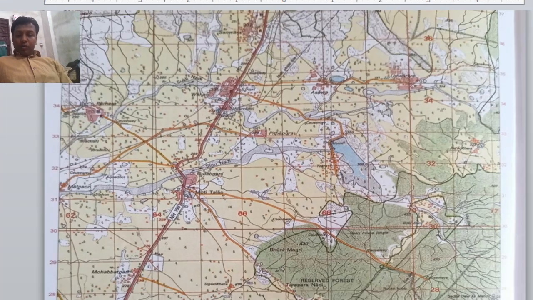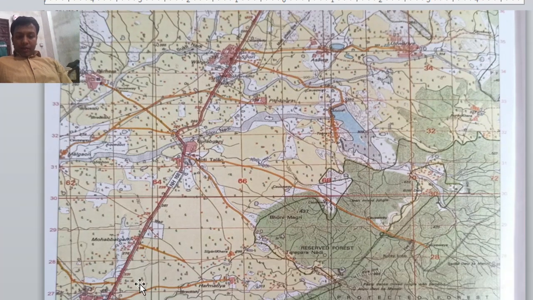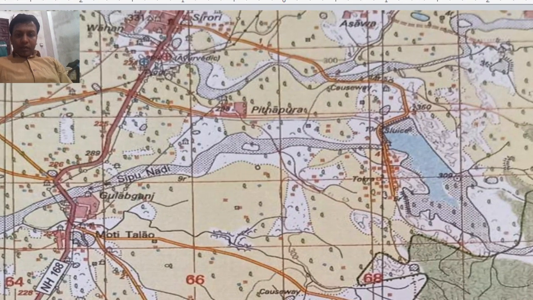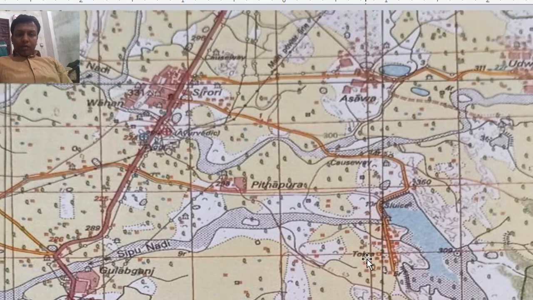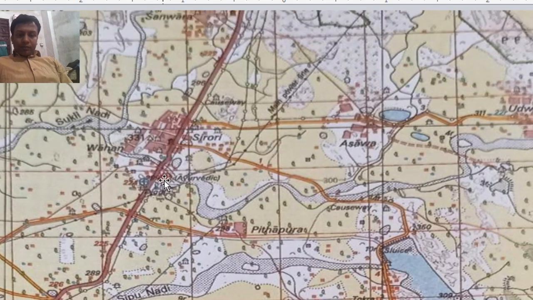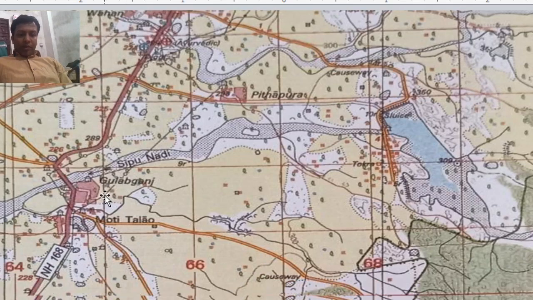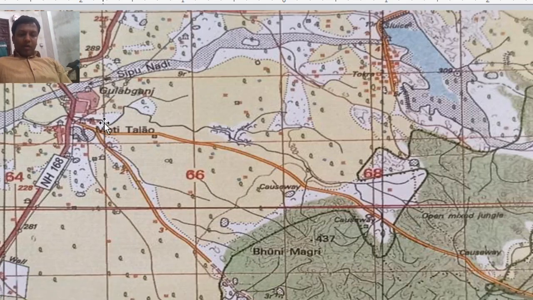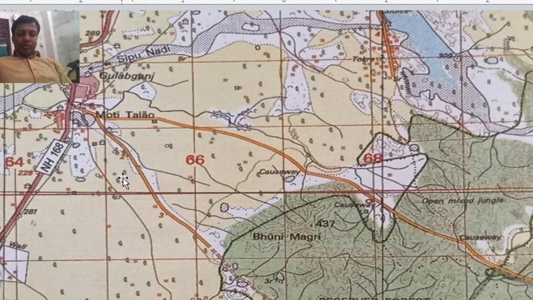For Gulabganj, we first have to deal with the easting lines from here, go through the lines. Where is Gulabganj? This is Gulabganj. Before 66, it is 65 here. 64, 65, 66. So here to here 65, here to here 66.